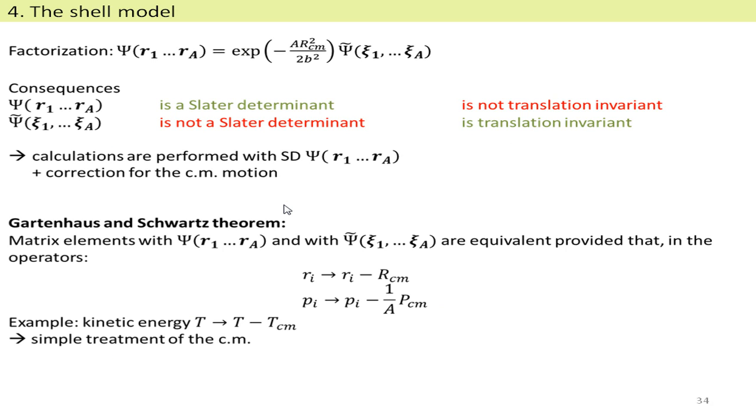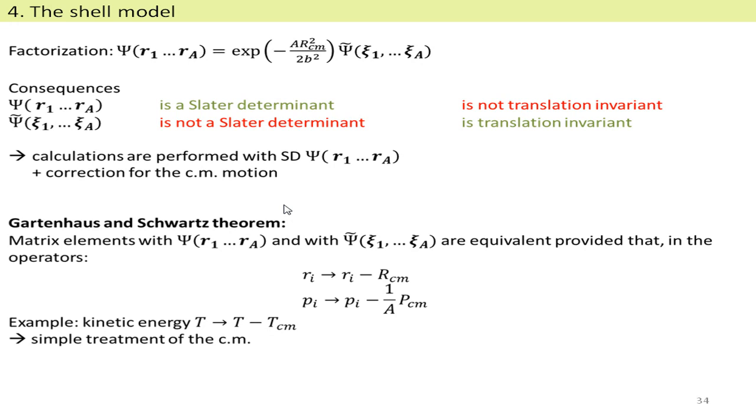The consequence is that the wave function psi is a Slater determinant, and we have seen that it's very convenient to have Slater determinants for matrix elements. I've shown you before the matrix element between Slater determinants. So this is well adapted to numerical calculation. The problem is that it's not translation invariant, so it's not a physical wave function.